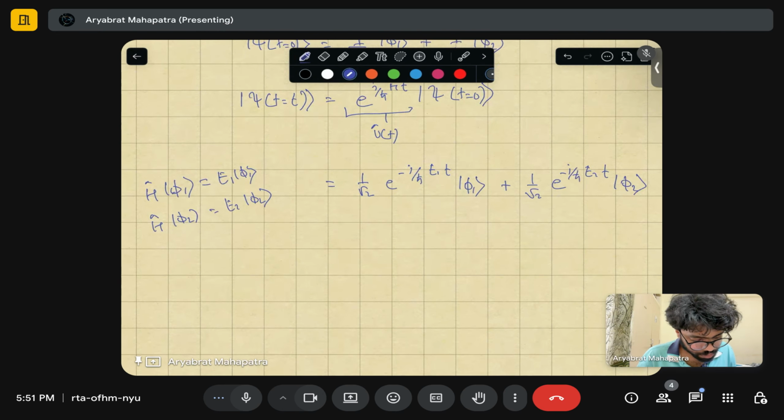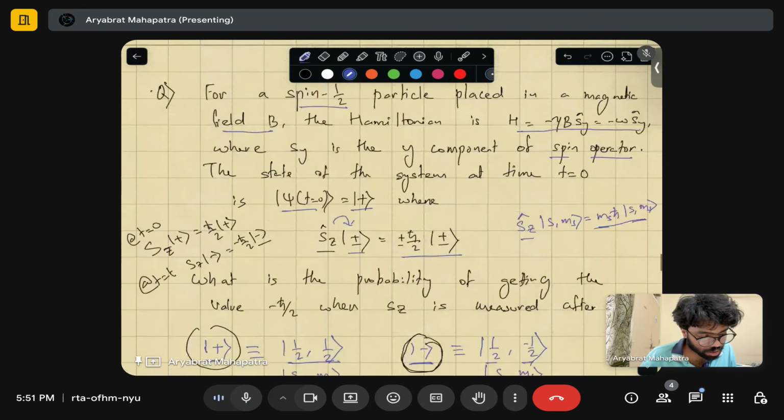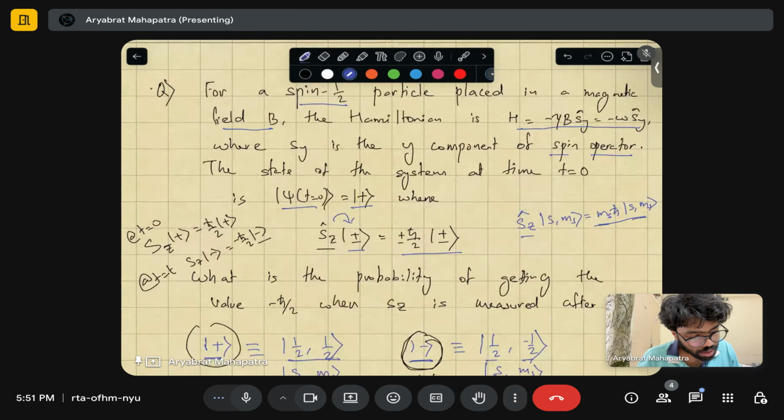Then if you see in the question right here, the Hamiltonian which was initially given, H is equal to minus omega Sy.